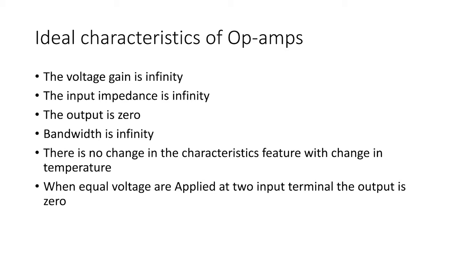The voltage gain is infinity, the input impedance is infinity, the output impedance is 0, bandwidth is infinity, and there is no change in the characteristics with change in temperature. When equal voltages are applied at the two input terminals, the output is 0.